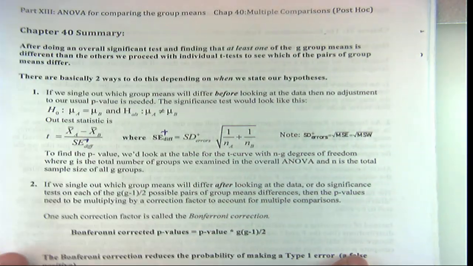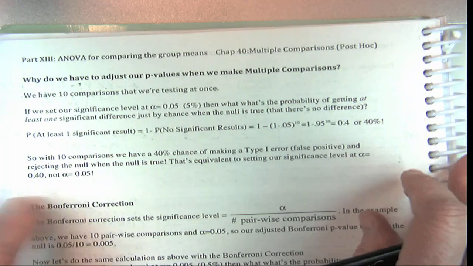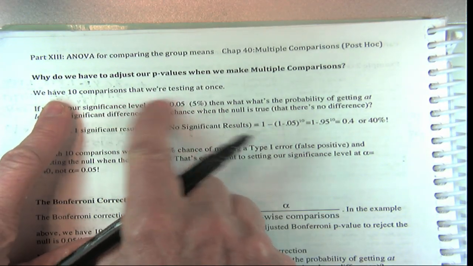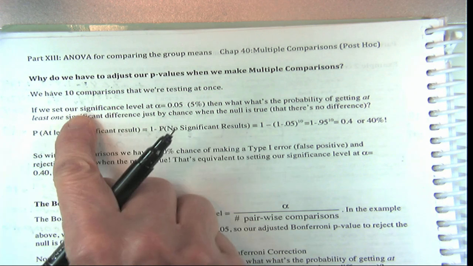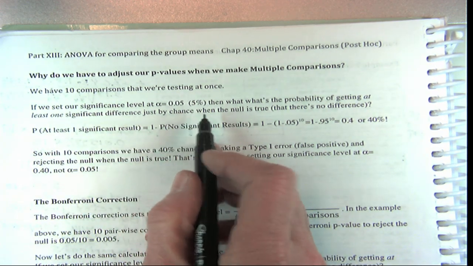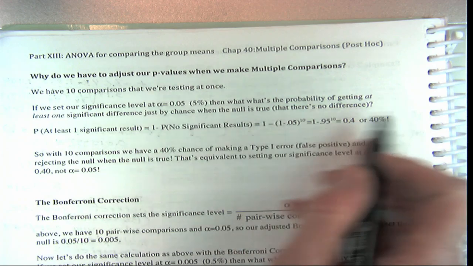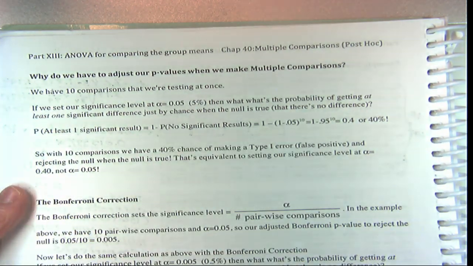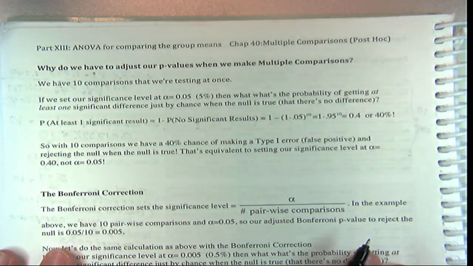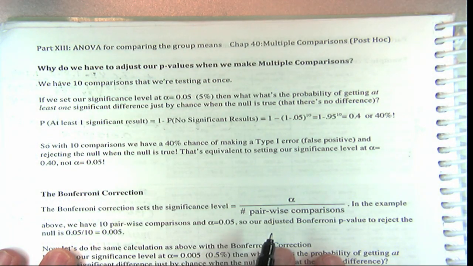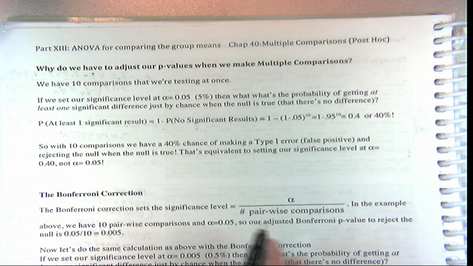So here's the mathematical explanation. We have 10 comparisons that we're testing, and it shows, if we set our significance at 5%, what's the probability of getting this, on page 185? I'm not going to ask you to do these calculations, but I think it's useful to understand them.